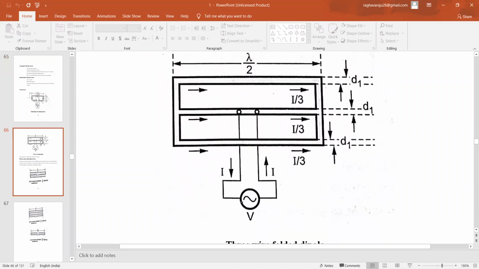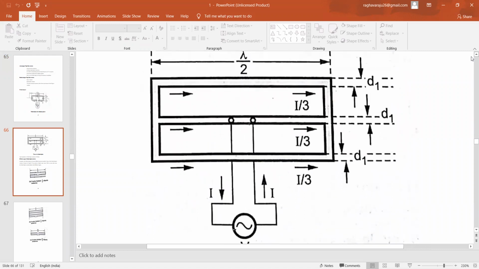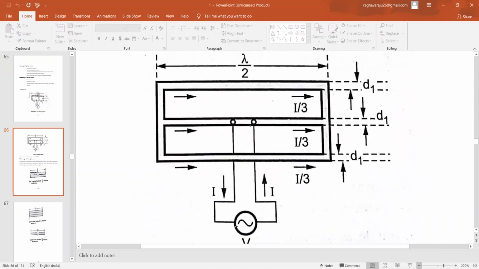This is also a multi dipole. So this is the multi-input, multi-level voltage.